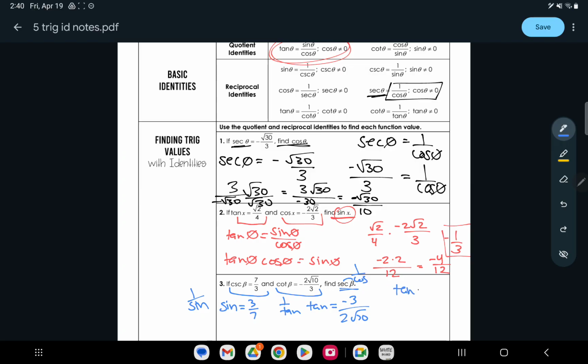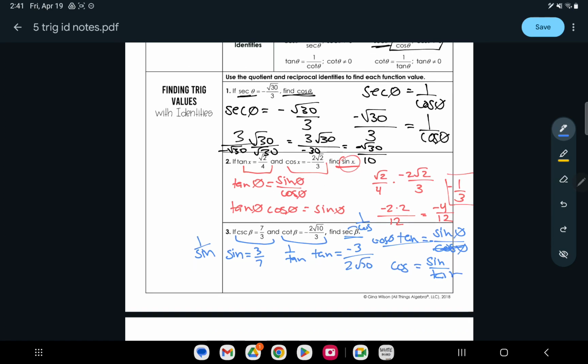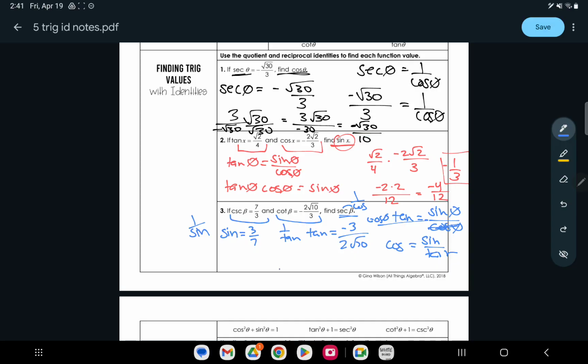So tangent is sine over cosine. So multiply by cosine to get rid of it here, and then divide by tangent. So cosine is sine over tangent. So sine is 3 over 7. Tangent is negative 3 over 2 root 10. So you can do this thing called big C over little c.